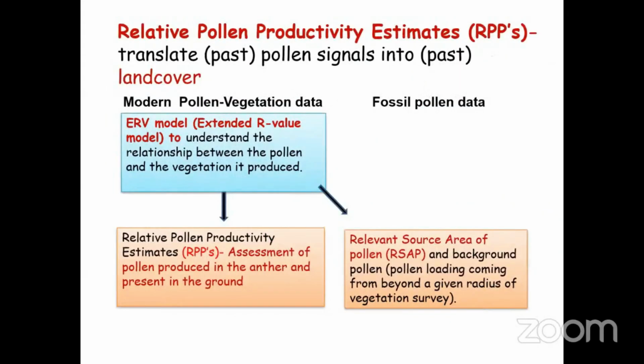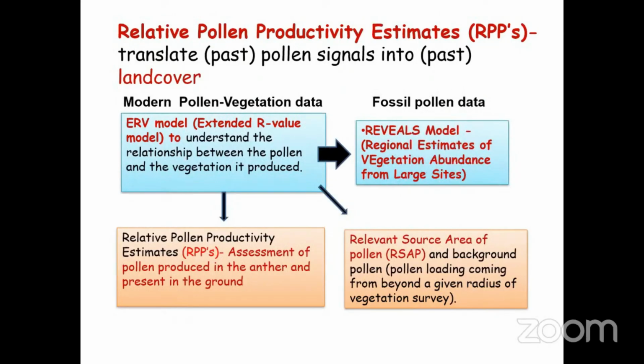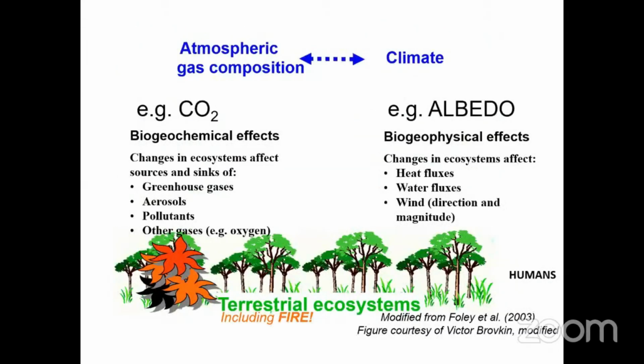So this ERV model, which allows us to get the relative pollen productivities, is then applied to a model which estimates the regional vegetation abundance from what we call large sites.